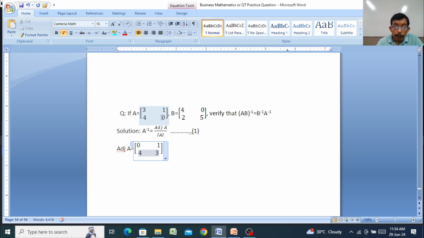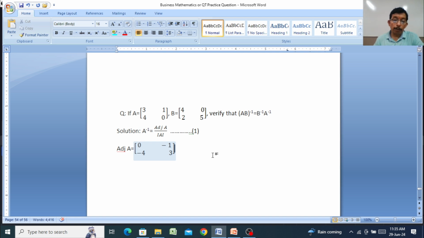Main diagonal elements interchange, and change the sign of the off diagonal elements. 1 replaced by -1, and 4 replaced by -4. It is clear? This is the adjoint A.